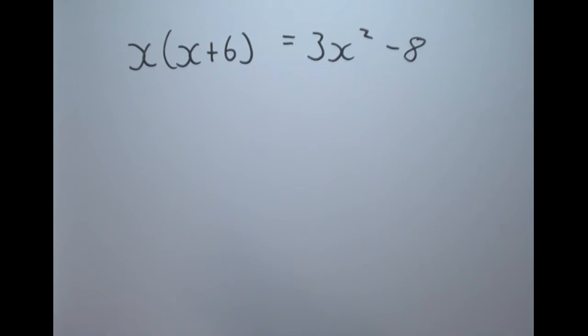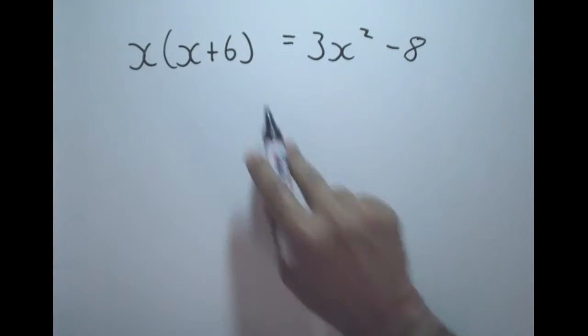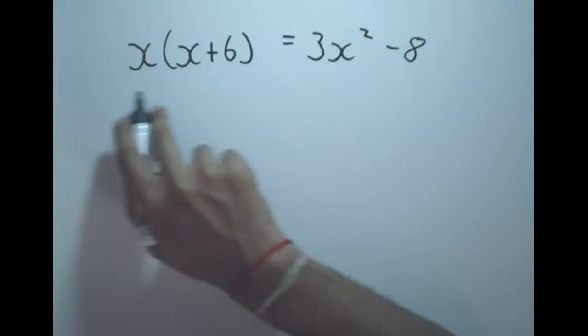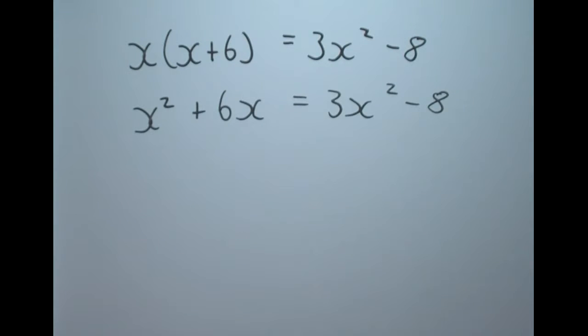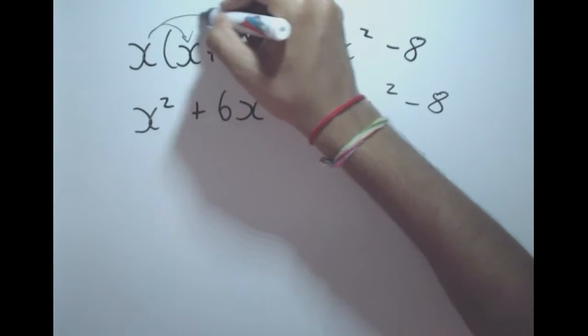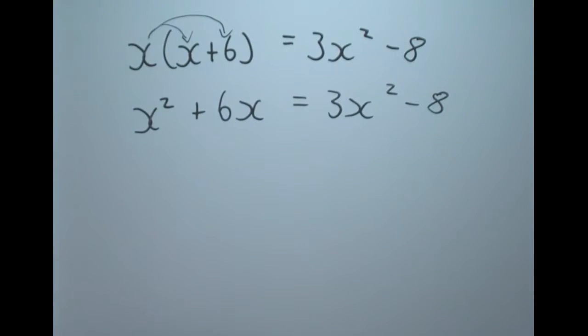Firstly I need to expand this because I want everything standing individually. I don't want brackets and I don't want denominators or anything like that because I want to factorize it. So let's multiply this out on this side. Multiplying this out gives me x squared plus 6x. Now we should do what I said earlier: we need to take everything to one side of the equation.